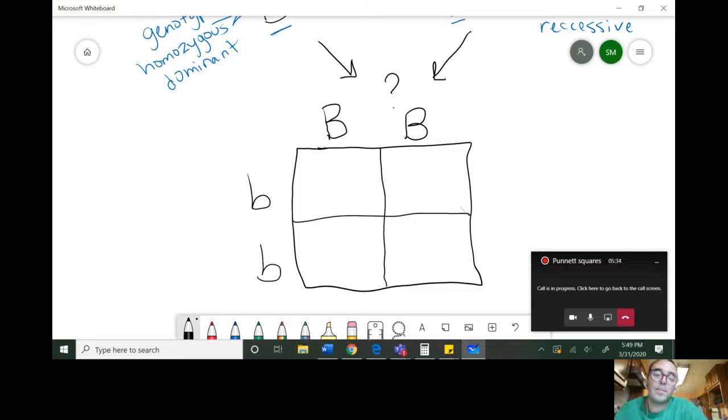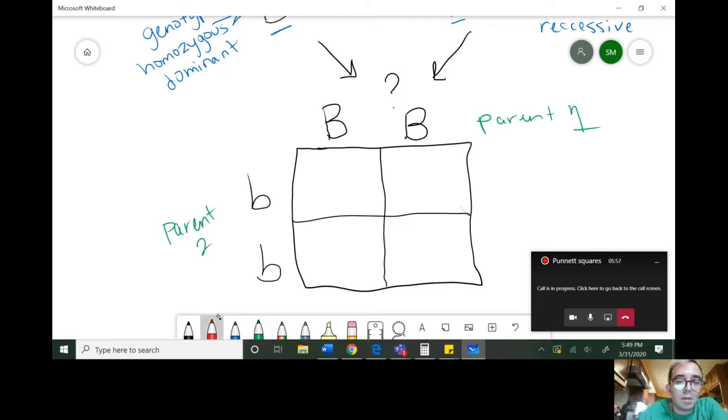Okay. So I put parent 1 on the top and parent 2 on the side. Now we want to know what their offspring is.